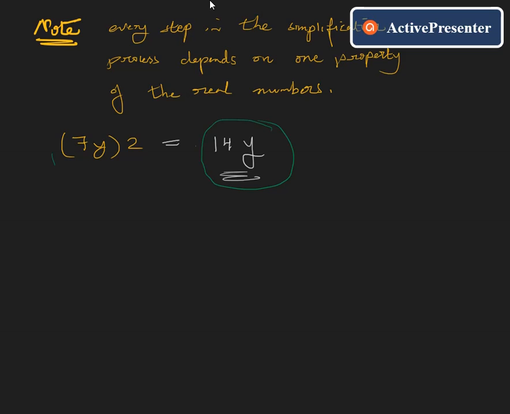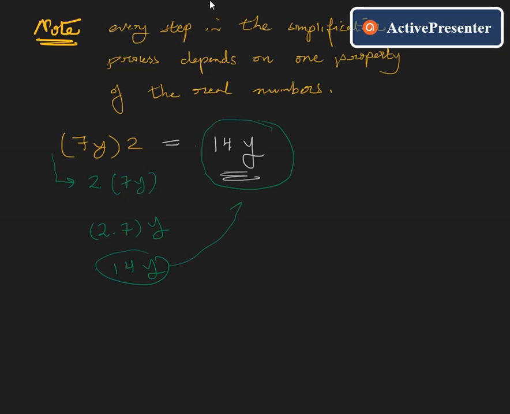We have made two operations. The first operation, we took 2 here and multiplied it by 7y. So we swapped. The second operation, we took 2 here, multiplied it by 7, and into y, and we get the final result, which is 14y.